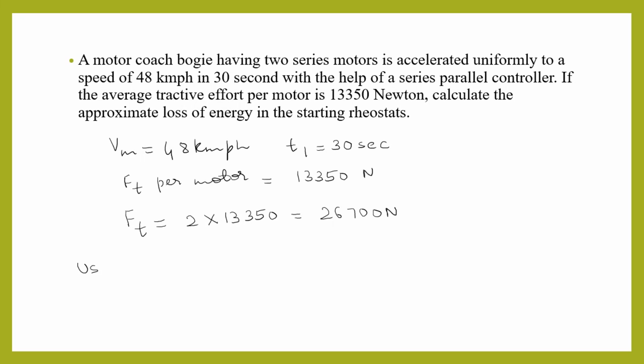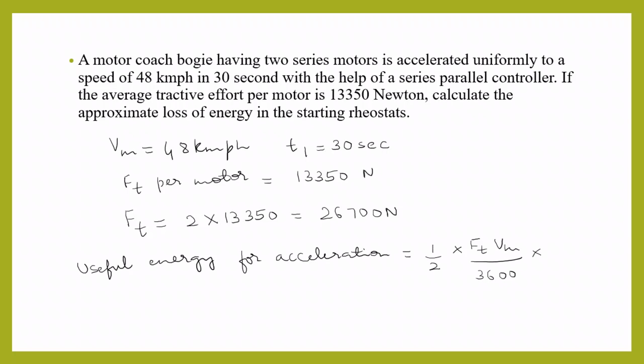So the useful energy for acceleration is equal to half Ft Vm by 3600 into T1 by 3600 in kilowatt hour.